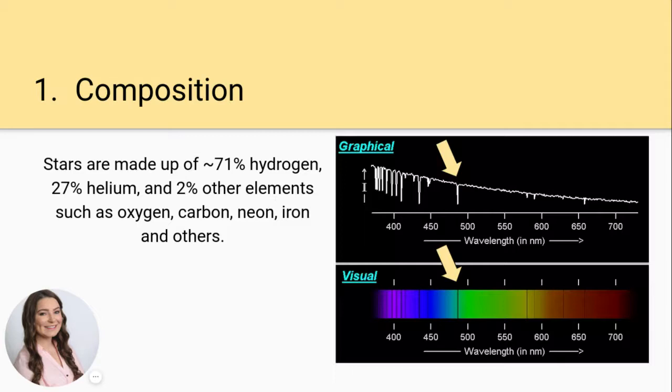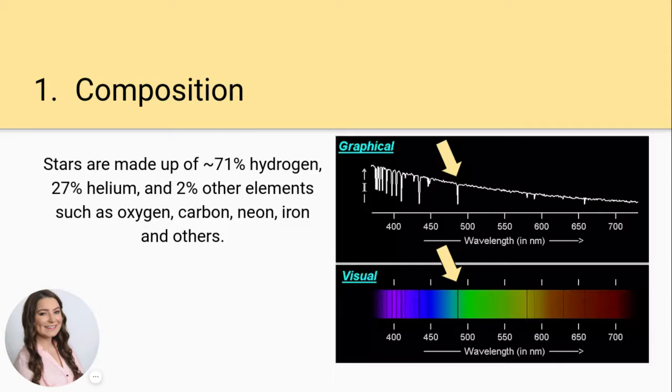Stars are primarily made of hydrogen, about 71% hydrogen, 27% helium, and 2% other elements, such as oxygen, carbon, neon, iron, and others. You may be wondering how we could know this if we can't take samples of stars.